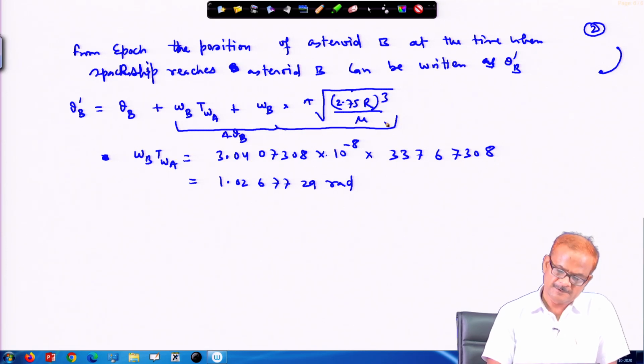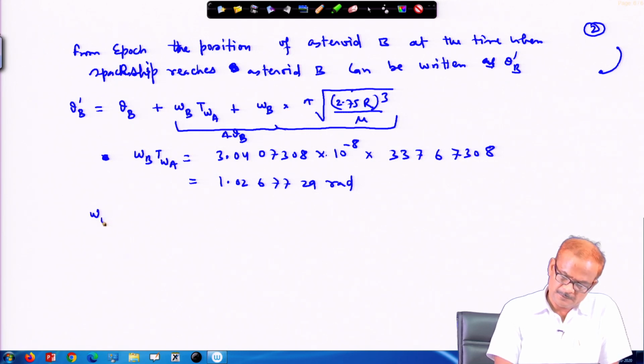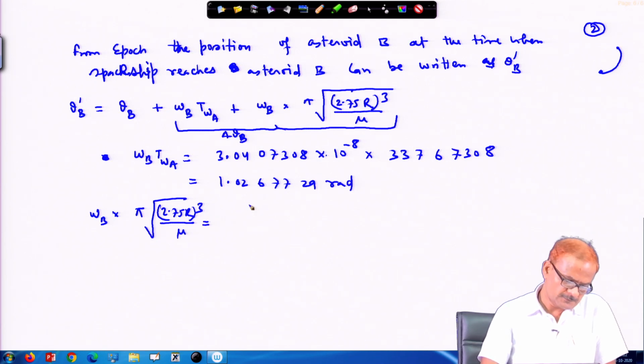This whole thing is delta theta B, and omega B times pi 2.75 r whole cube divided by mu. This quantity similarly it can be determined, we just have to insert those values. Okay.